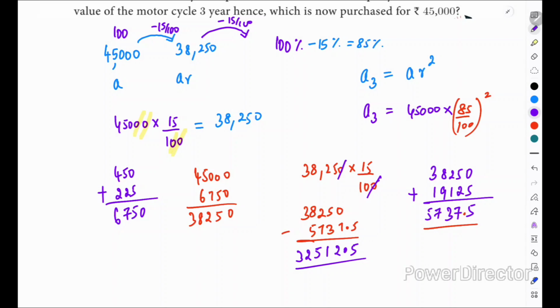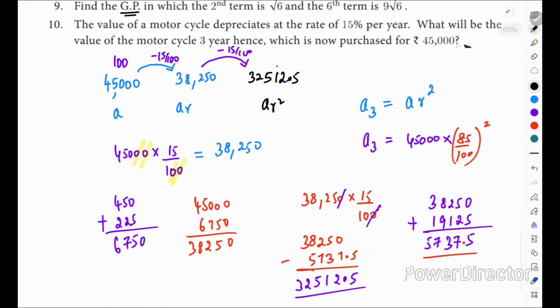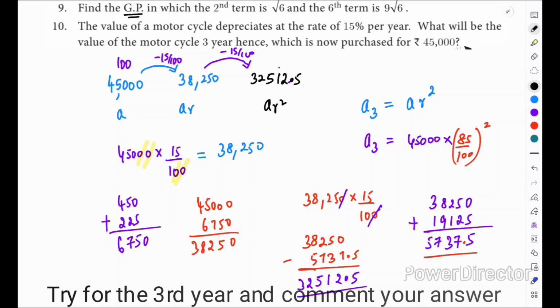So the next year would be 32,512.5. So this is for AR square. So this would be the value for the end of the second year, or I can call it the third year, right? If you want to calculate for the next year, you have to do one more, AR cube, right?